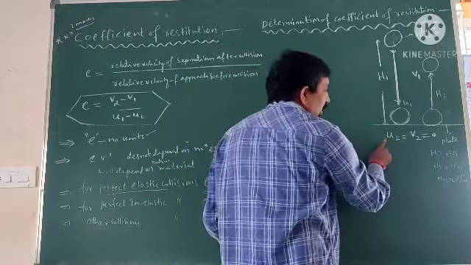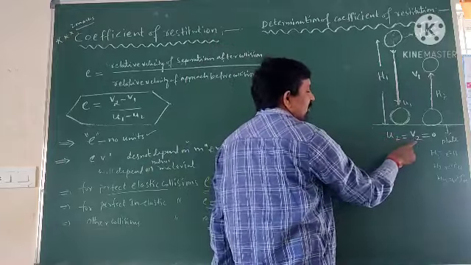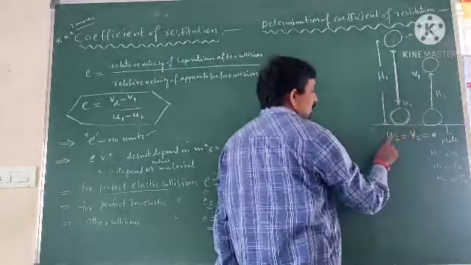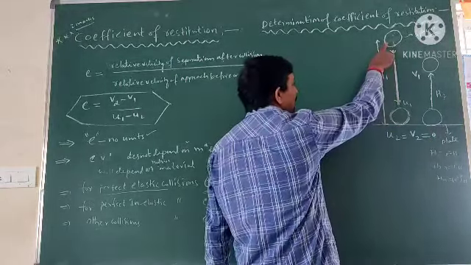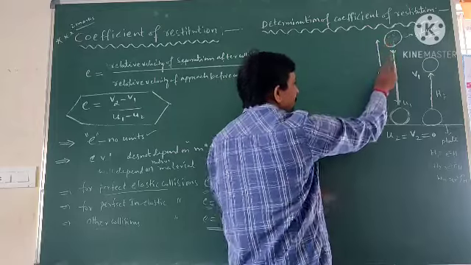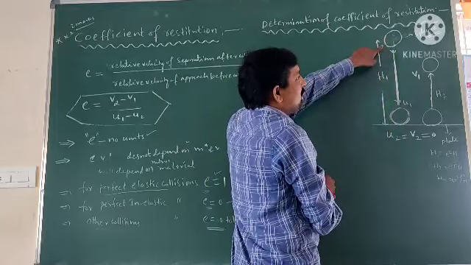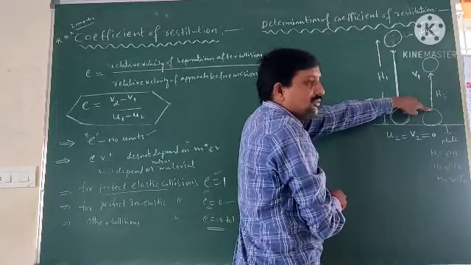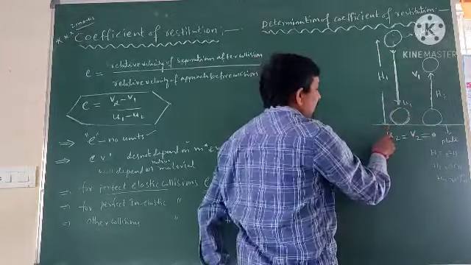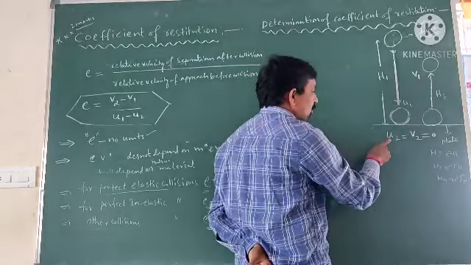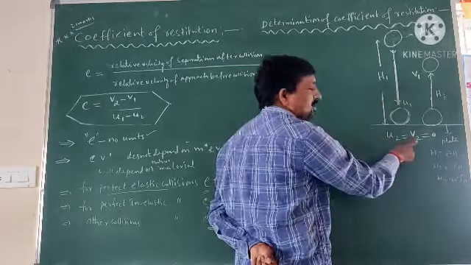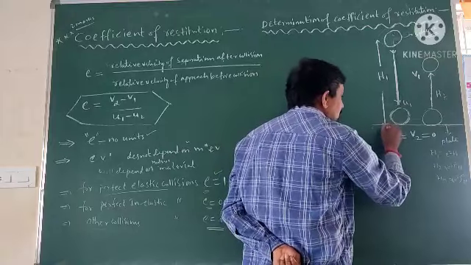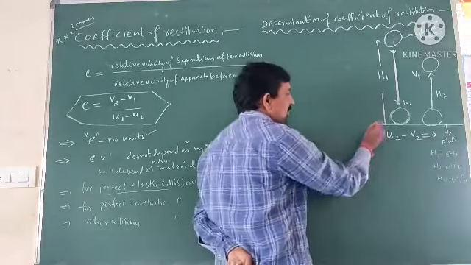So before and after, the velocity of the plate u2 is equal to v2 is equal to 0. Here the first body is the sphere. The velocity of the sphere before collision is u1 and after collision v1. The plate's velocity before collision is u2, after collision v2. So the plate is at rest.